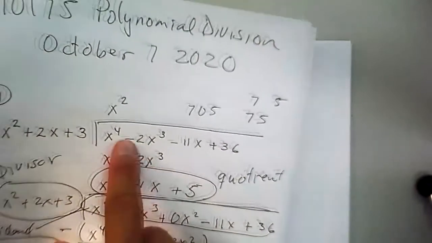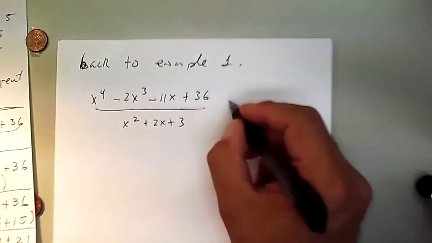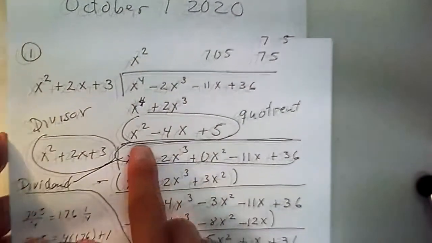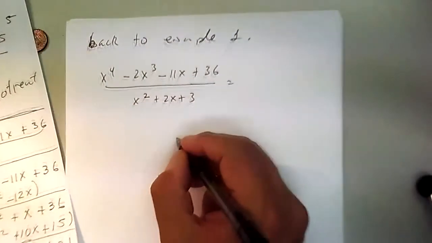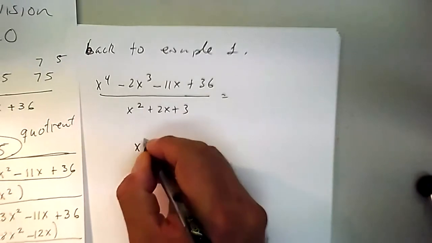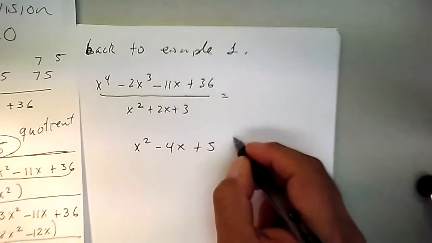So that's the same thing. If this is the question, simplify this, then the answer should be x squared minus 4x plus 5. I'm going to write down the answer here because it's not going to fit too well in there.